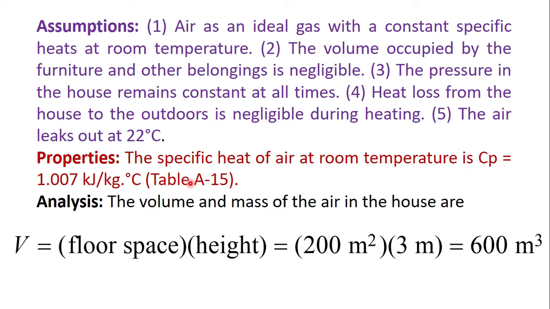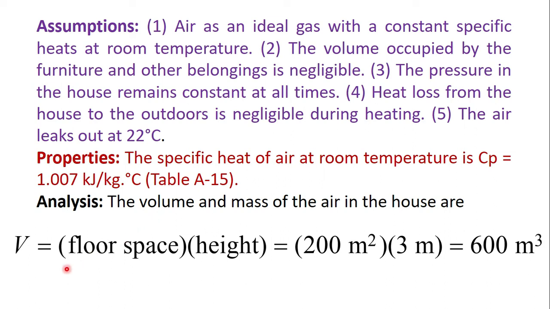It can be taken from the A15 table of the book which is provided to you, and the specific heat value is 1.007 kilojoule per kg per degree centigrade. So the first thing is you have to determine the volume of the house and the volume of the air inside the house.